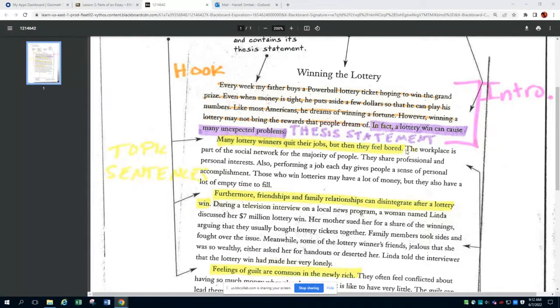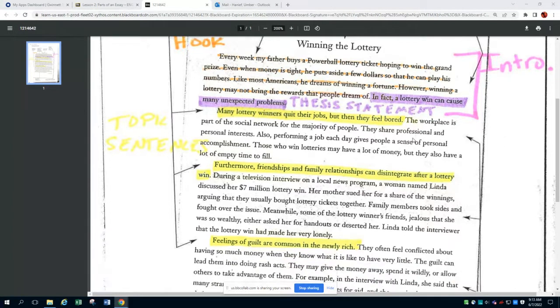Let's move on to the thesis statement. What is the job of the thesis statement? To pretty much sum up what the writing will be about. Exactly. To let the readers know what this essay is going to be about. And based on this thesis statement, we know that this essay is going to be about what?